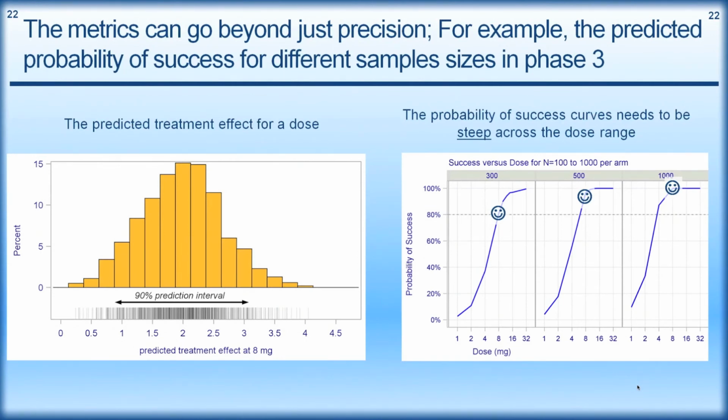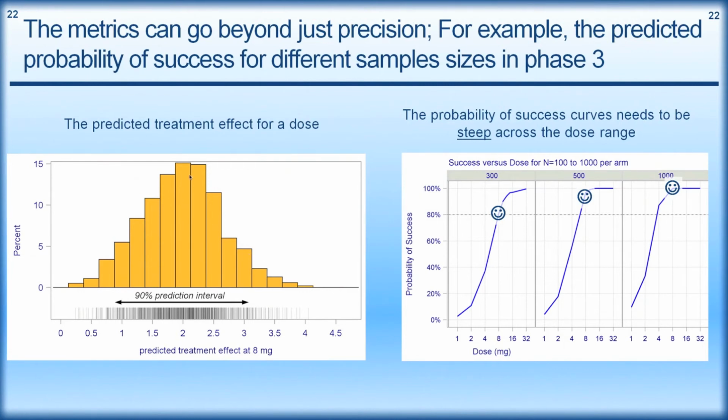The metrics can also go beyond precision, for example the predicted probability of success for different sample sizes in phase 3. In the introductory lecture, we showed this graph, which is the predicted treatment effect for a given dose, for example at 8 milligrams. We can take this distribution of the predicted treatment effect to generate the probability of success in phase 3.